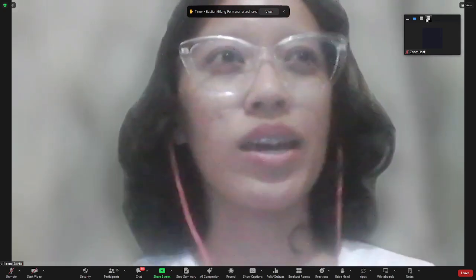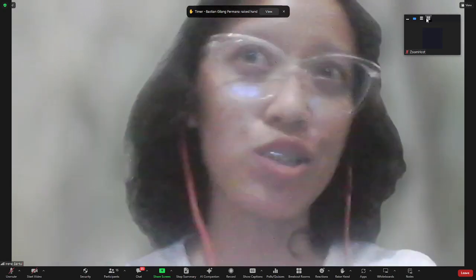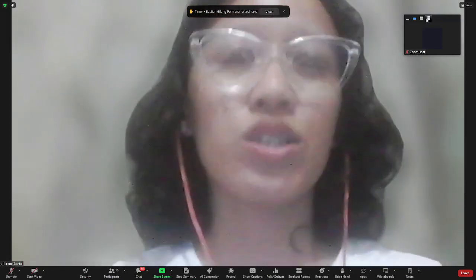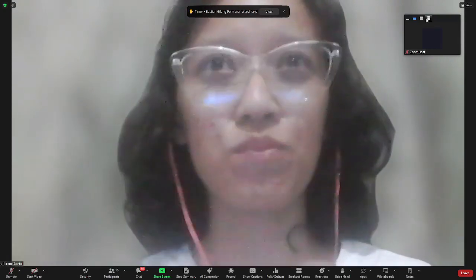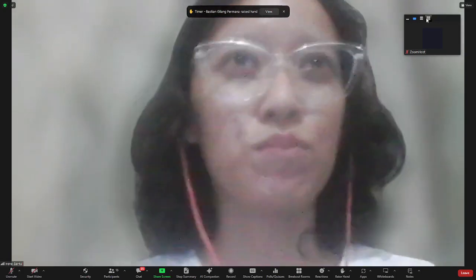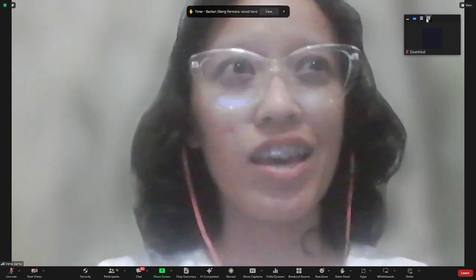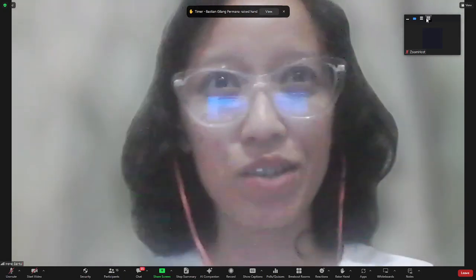That's how I show that I am proud of wearing batik, and also show to both local and international people that this kind of art is wonderful and also unique.